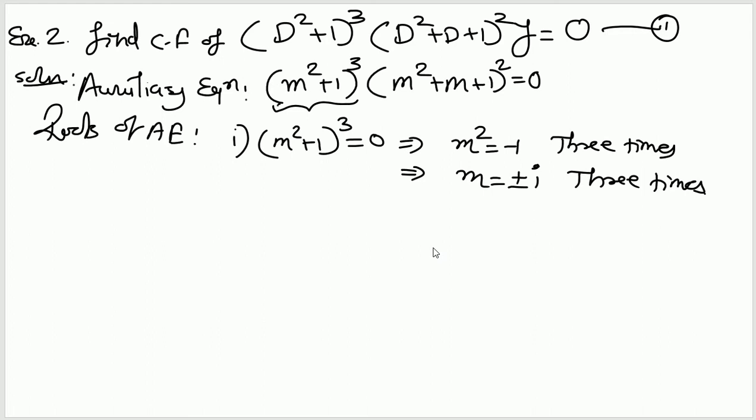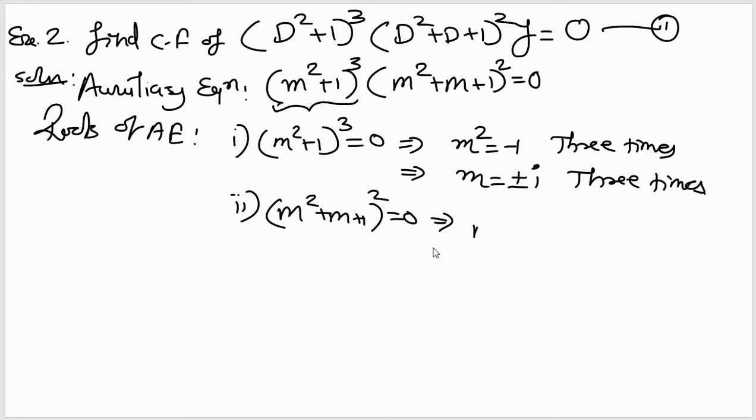So we got 6 roots here, and in second case we'll consider this (m^2 + m + 1)^2 = 0, which implies, now when we solve this m^2 + m + 1, let's see what we get.